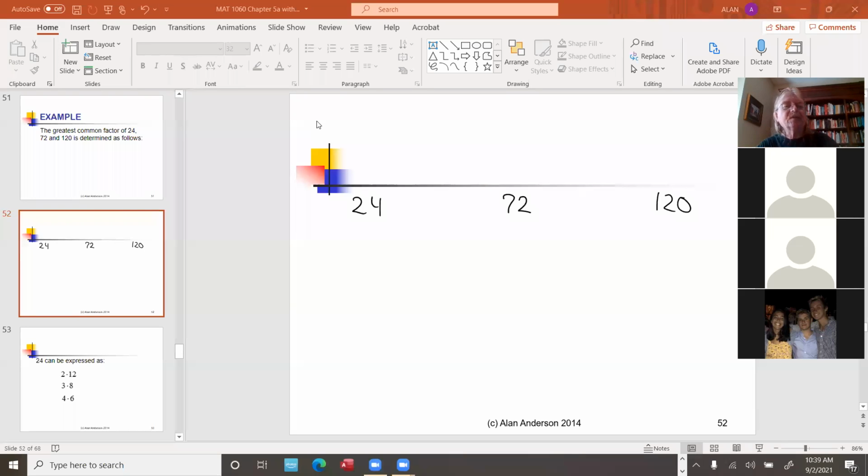Okay, so we have a couple of people saying 24. All right, we may as well get started on these trees.